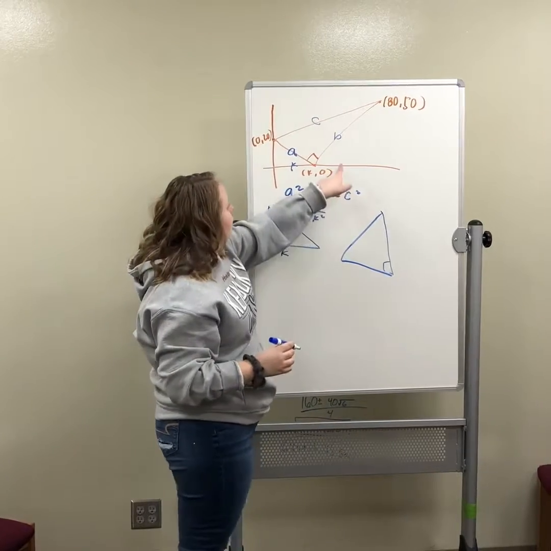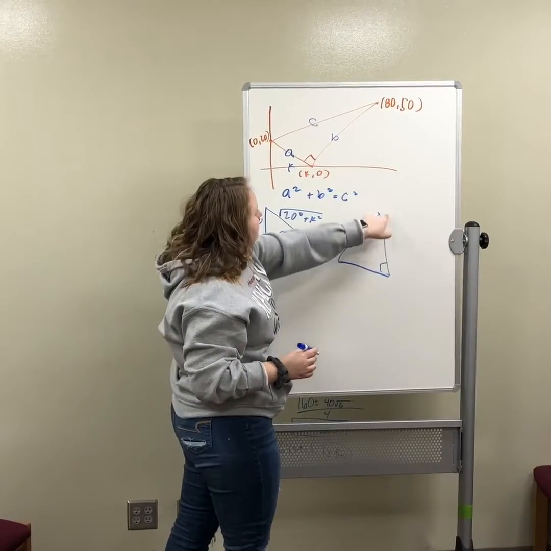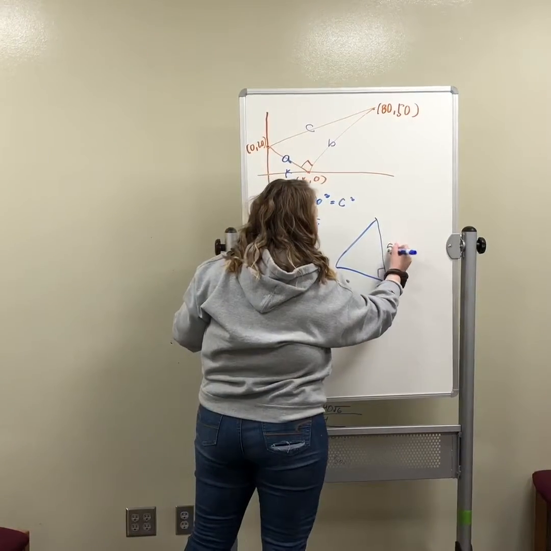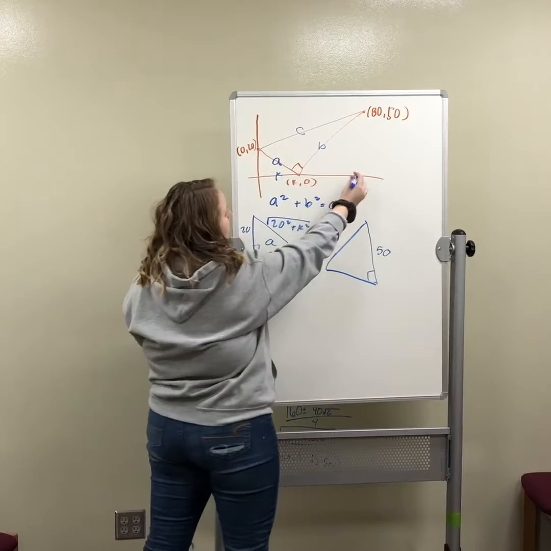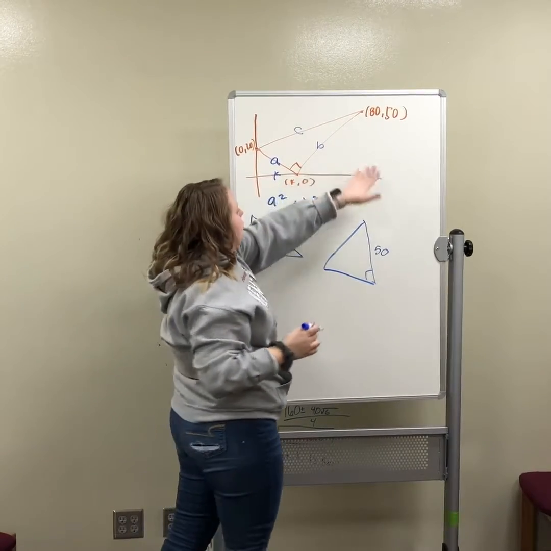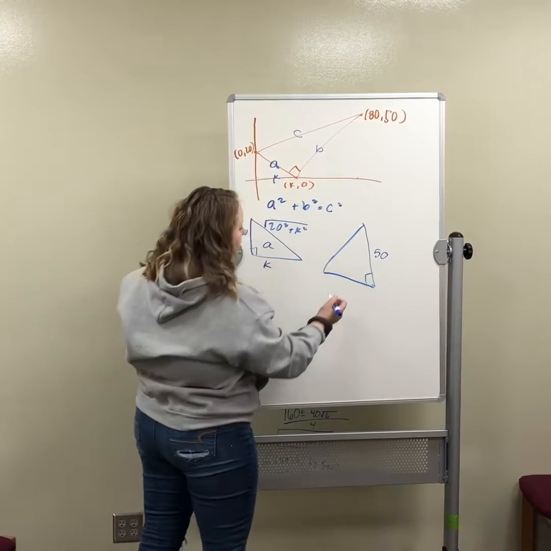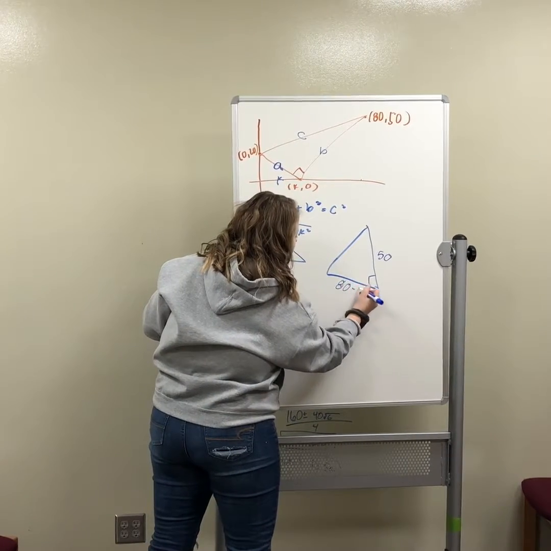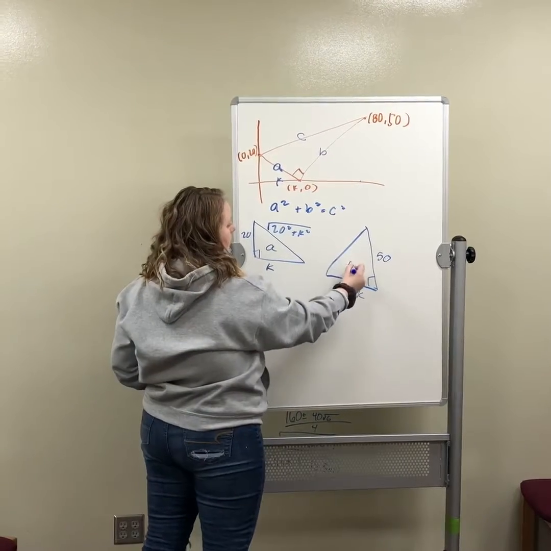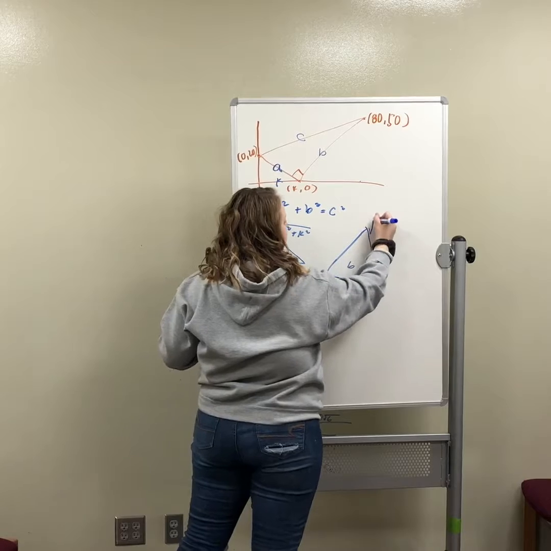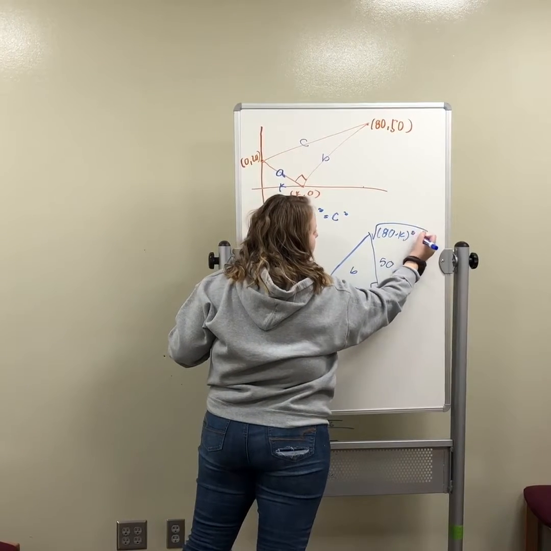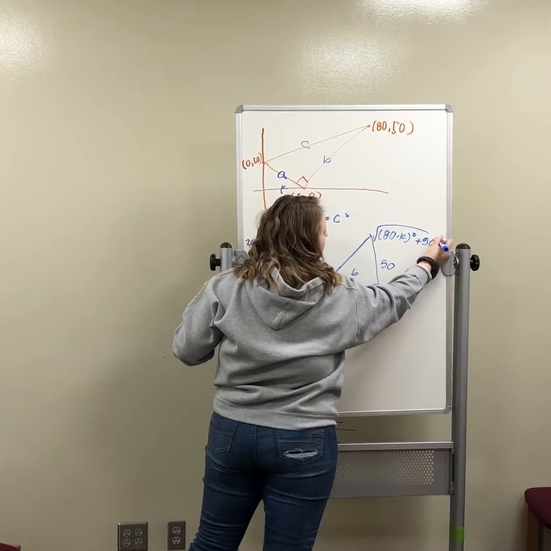From here to here is 50, and from here to here you don't know, but since this whole thing is 80, it's going to be 80 minus k. So this is going to be b. So b is going to be the square root of 80 minus k squared plus 50 squared.